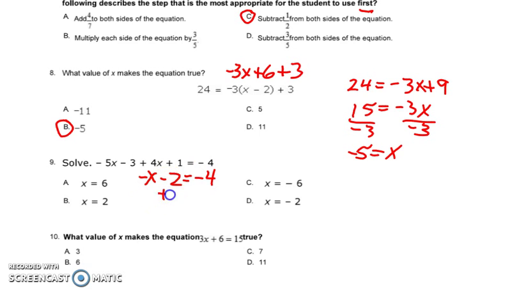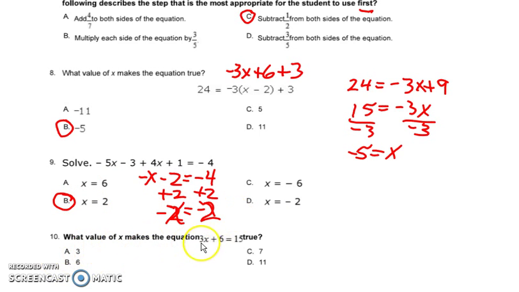Add 2 to both sides. Negative x equals negative 4 plus 2 is negative 2. So negative x equals negative 2. Switch the signs on both sides. x equals 2.